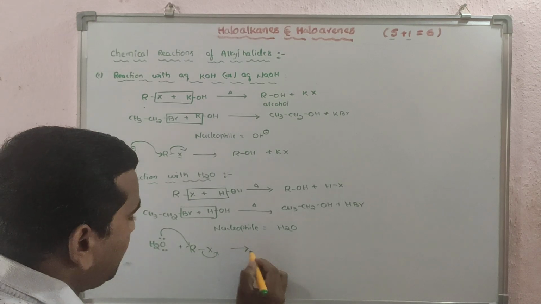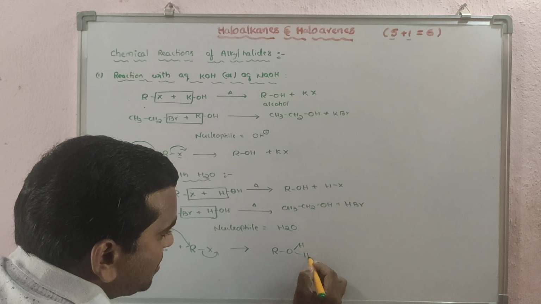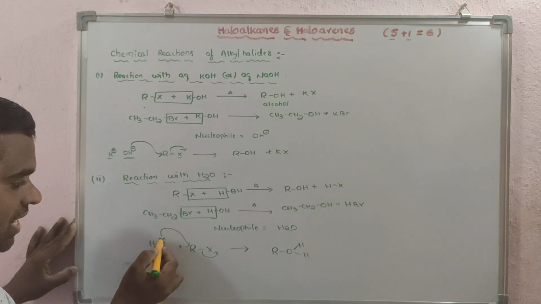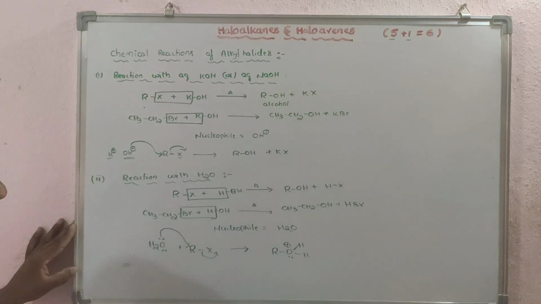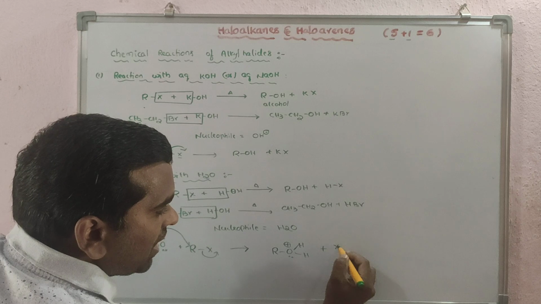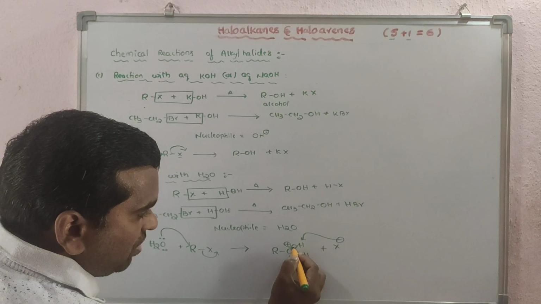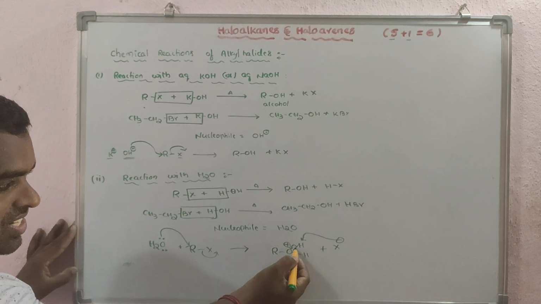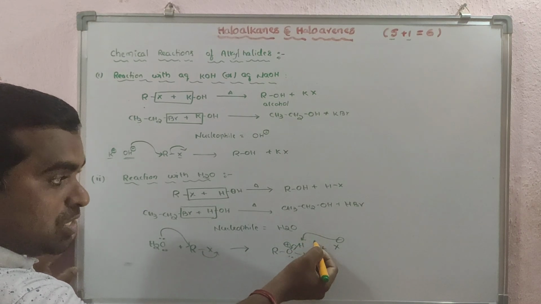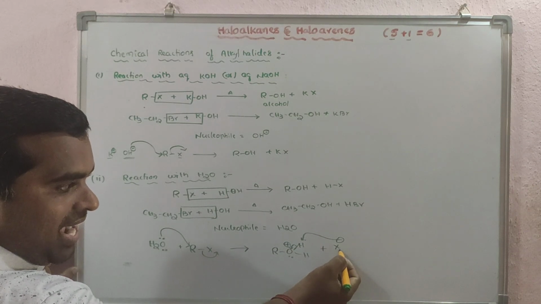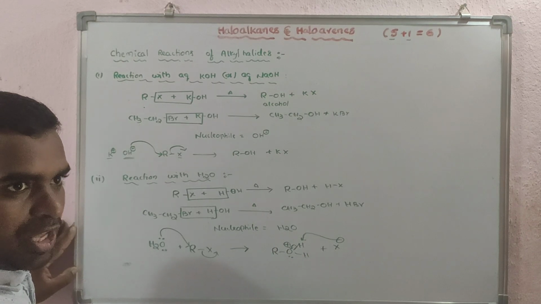You will get the compound R, O, H, H. Here oxygen is losing electron, so that's why positive charge. Now which one is removed here? X minus. This X minus will take the H plus. These bond electrons will move towards the oxygen. So oxygen is gaining electron, H is losing electron. H losing electron means it is removed as H plus, and here there is X minus. H plus and X minus form a bond, HX will be removed.